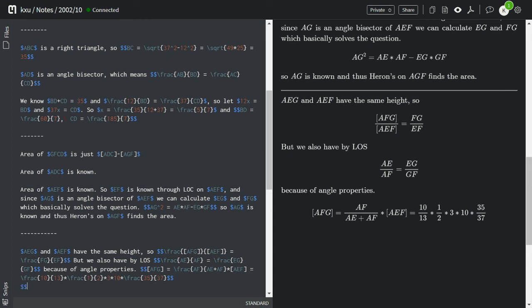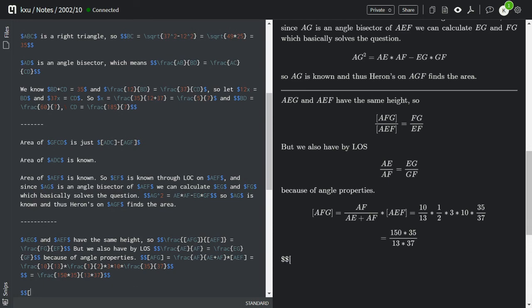And this is equal to, doing some quick maths here, 150 times 35 over 13 times 37, right? Something like that. I believe that is correct.